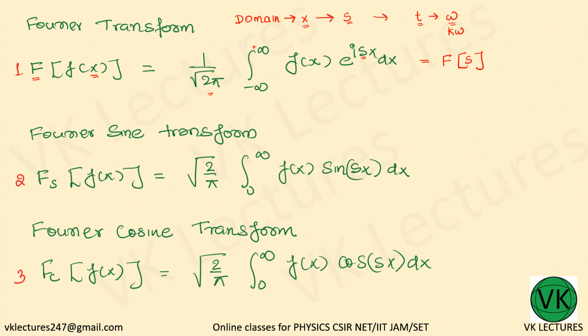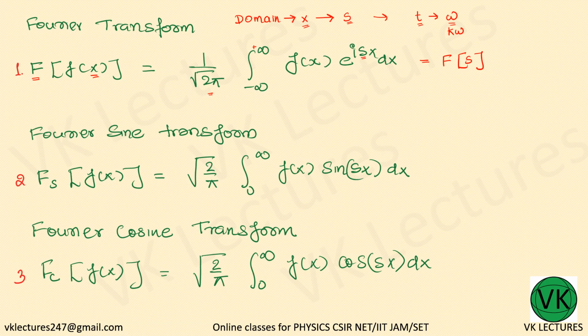Now two kinds of transformations are there: the sine transform and the cosine transform. The sine transform, Fs of the function f of x, equals the constant root of 2 by pi, and the integral limits are from 0 to infinity, of f of x times sin sx dx.